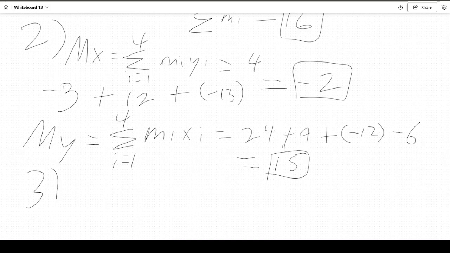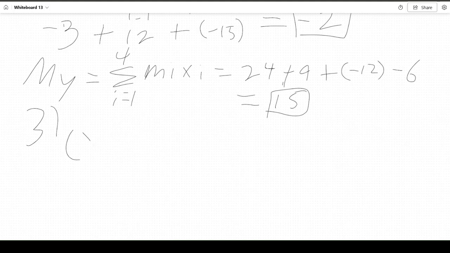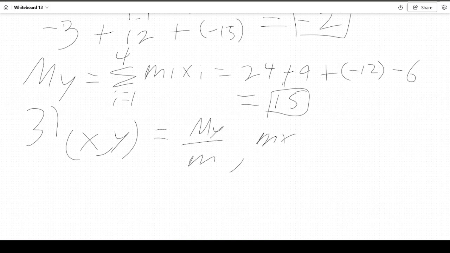And our third and final step would be just getting our coordinates. So as you can see here, y is 15. And our masses was 16, so this would be 15 over 16.